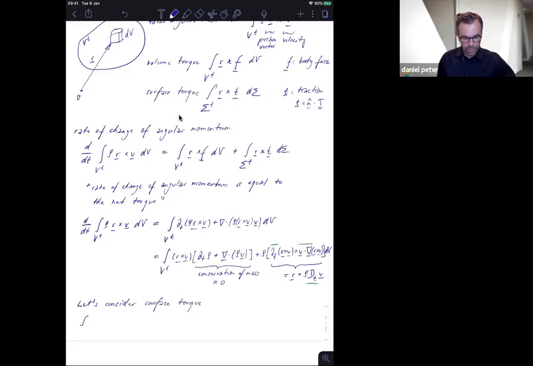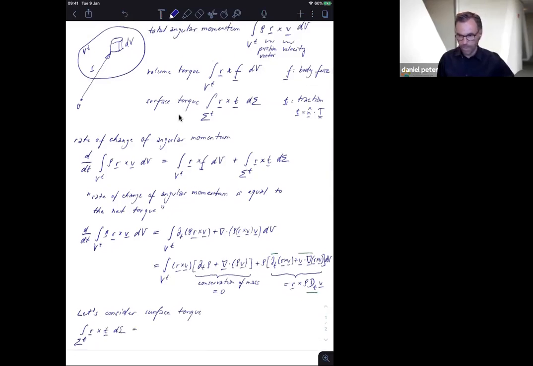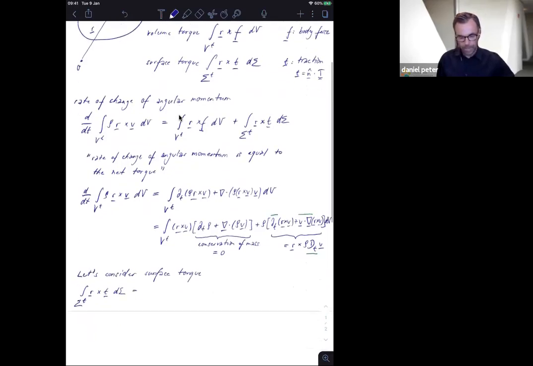Well, we have this surface integral of r times the traction. And traction is defined in terms of the stress tensor, n dot the stress tensor.